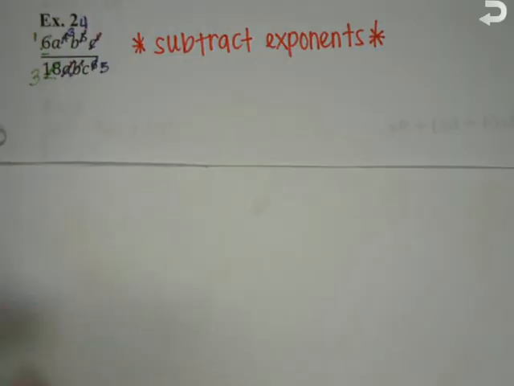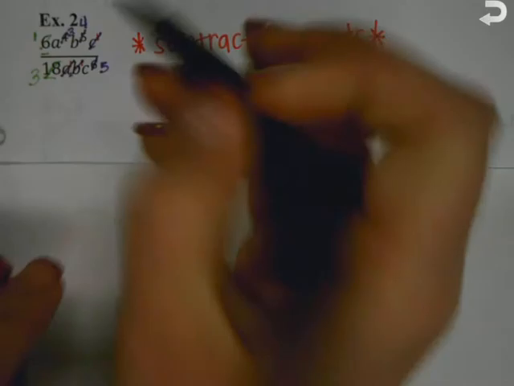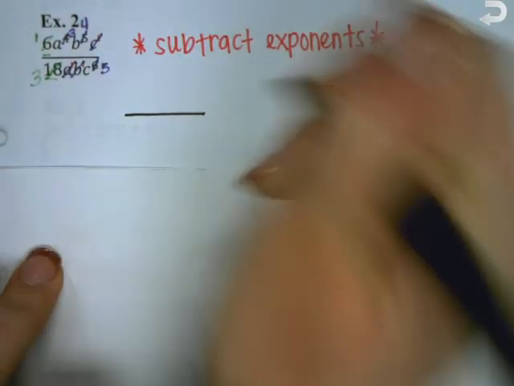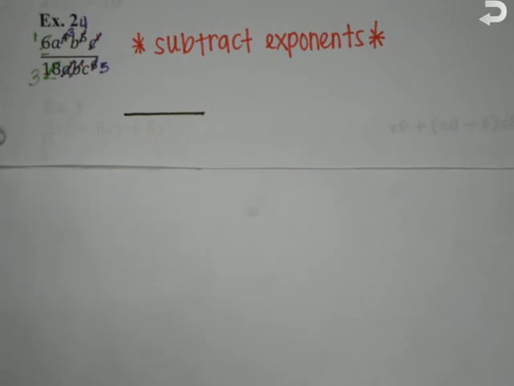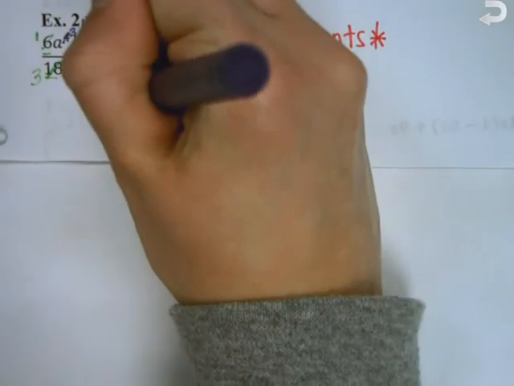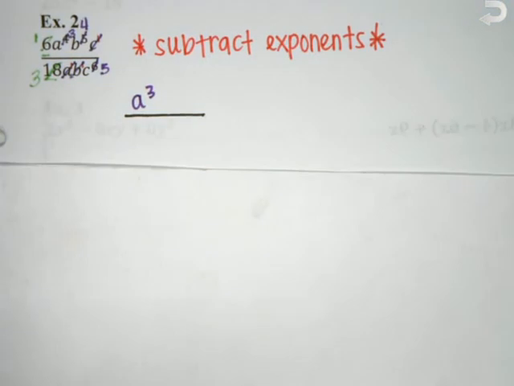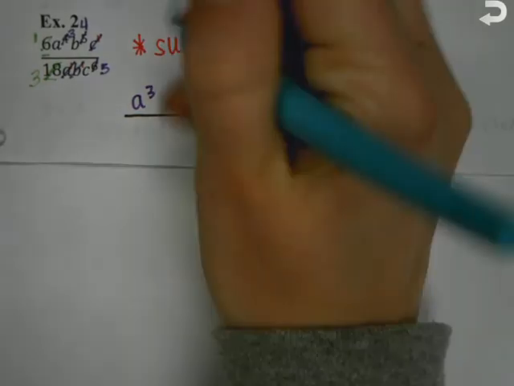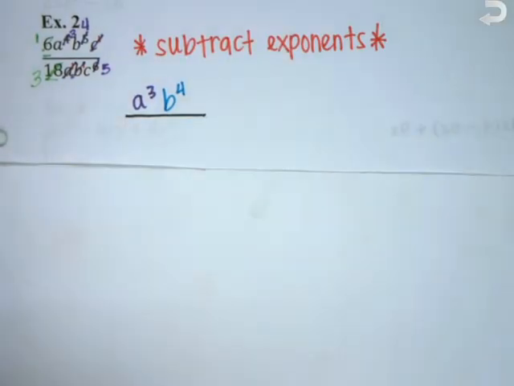Okay, so let's rewrite everything. I have my fraction bar. What's on top? A to the 3rd and b to the 4th. What's on bottom? A 3.